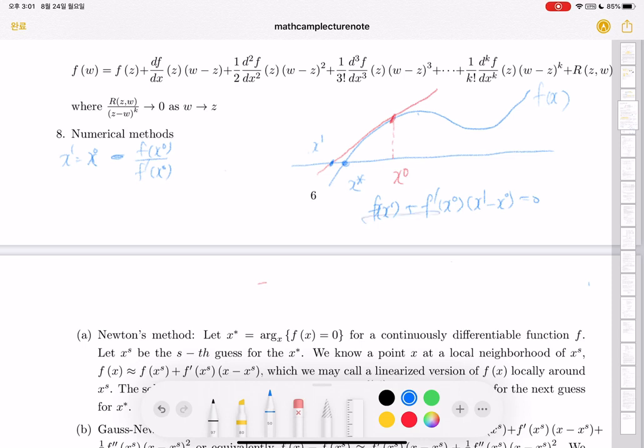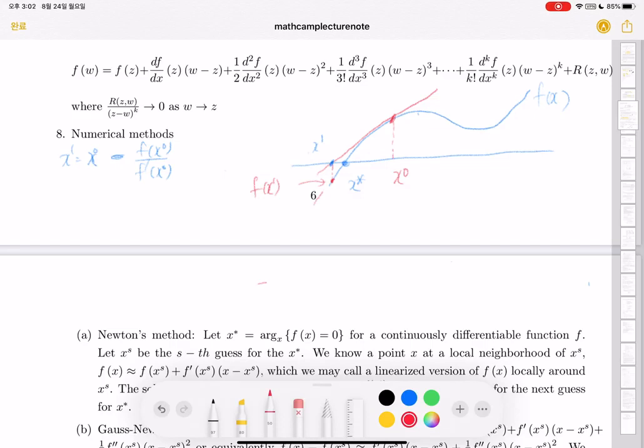In this example, plugging in x1 gives you this value, f of x1, which is not 0. So you repeat this process.